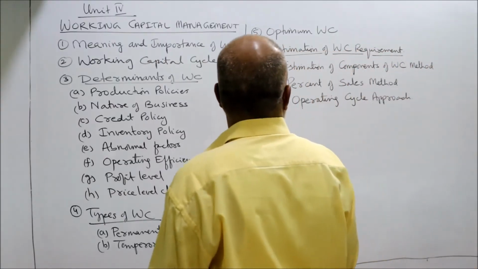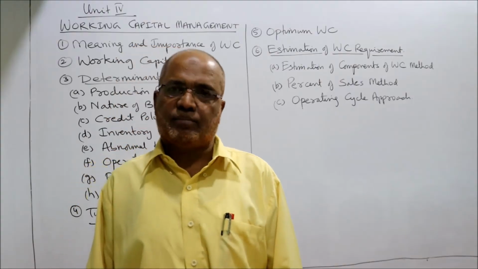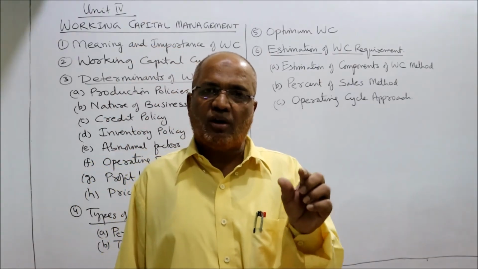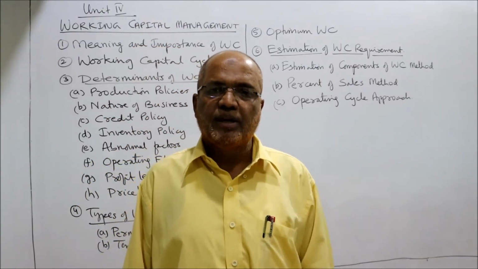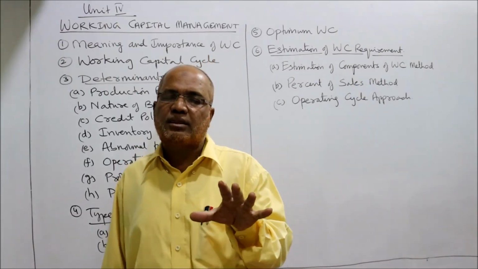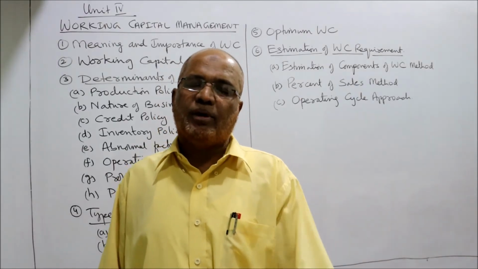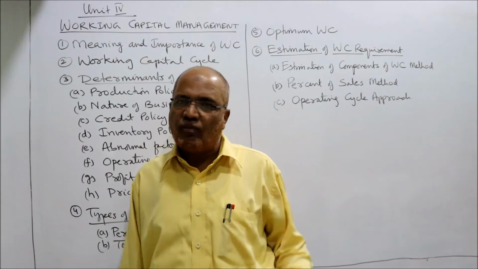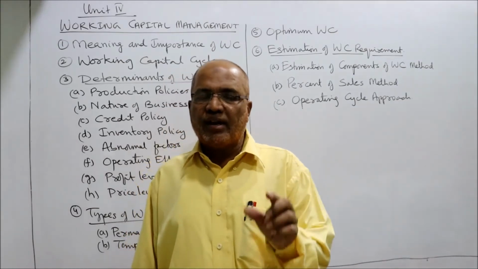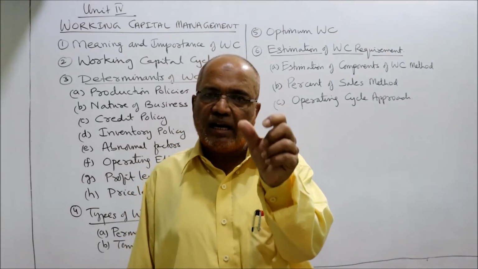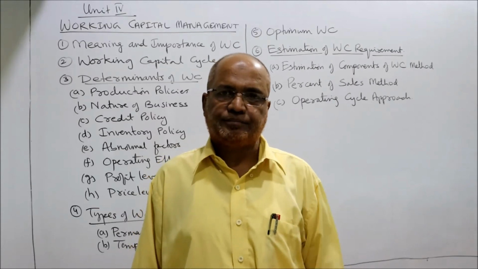First method is estimation of components of working capital. This is the most popular method of determining the requirement of working capital. So what does this method say? Working capital is the difference between current assets and current liabilities.